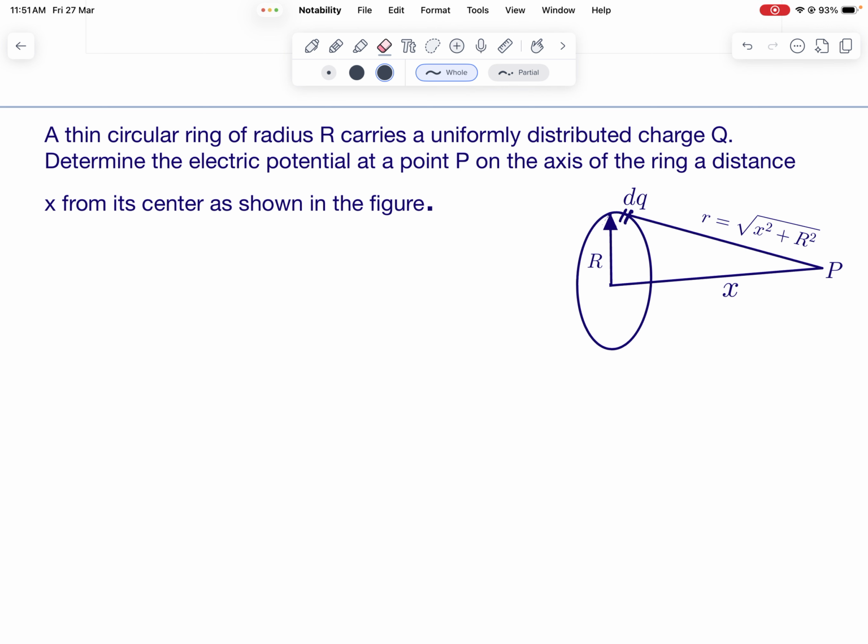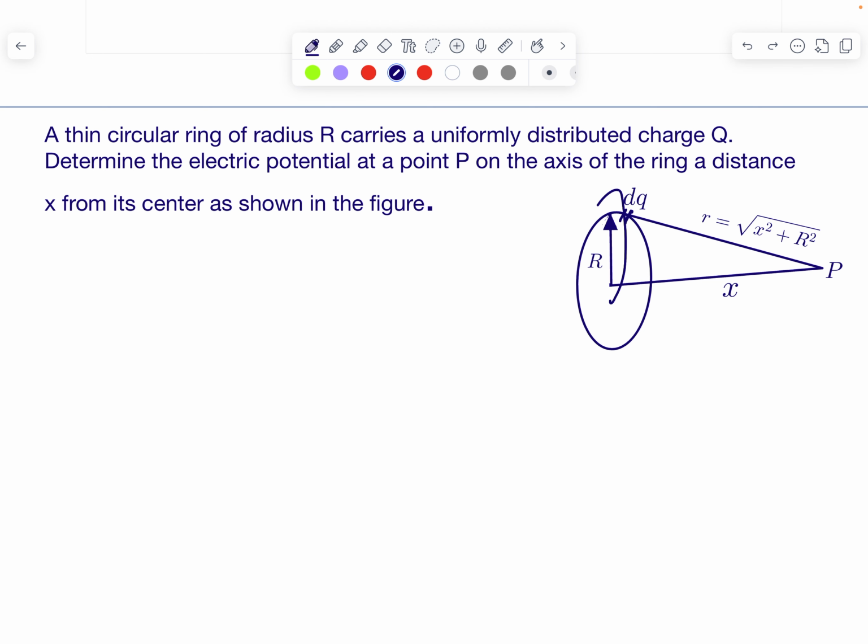So in this problem, we're trying to solve the potential difference at point P here, which is this one. The question says, a thin circular ring of radius R, capital R, carries a uniformly distributed charge Q. So the total charge is Q, which is distributed uniformly.